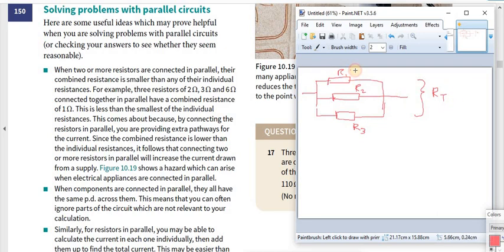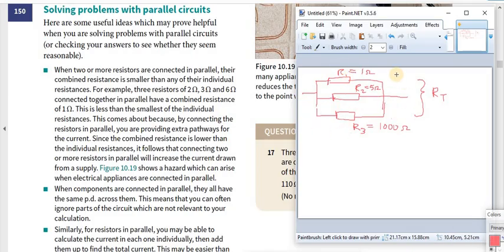Okay, so let's say R1 is 1 ohm, and let's say R3 is 1000 ohms or 1 kilo ohm, and let's say R2 is 5 ohms. So RT should be less than the resistor with the least resistance in this parallel connection.